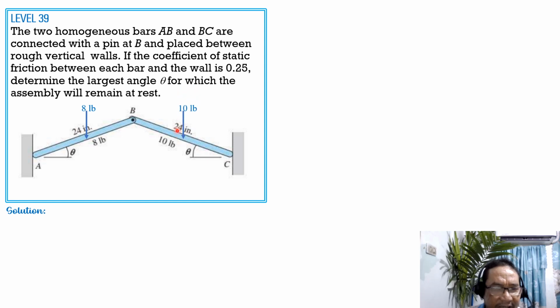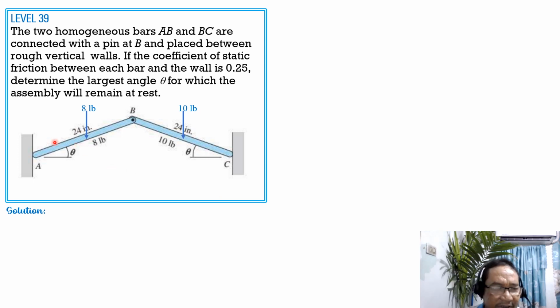Since BC is heavier than AB and they have the same length, the critical point of contact in slipping, or sliding, is C. So we anticipate that C will undergo impending slipping or sliding, so its maximum frictional resistance should be applied here.